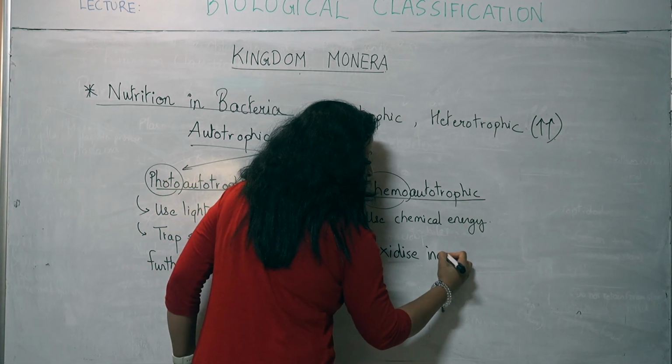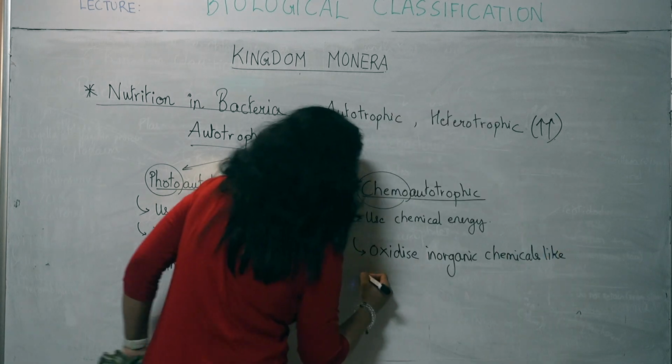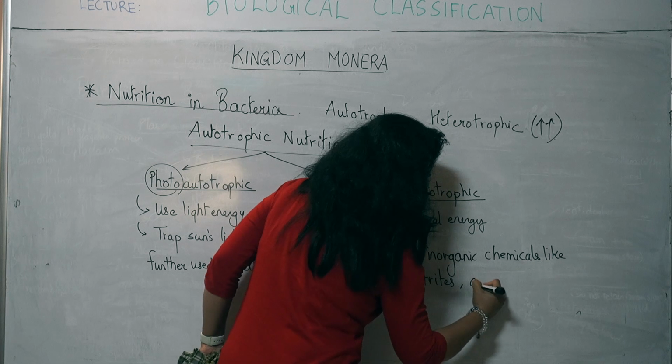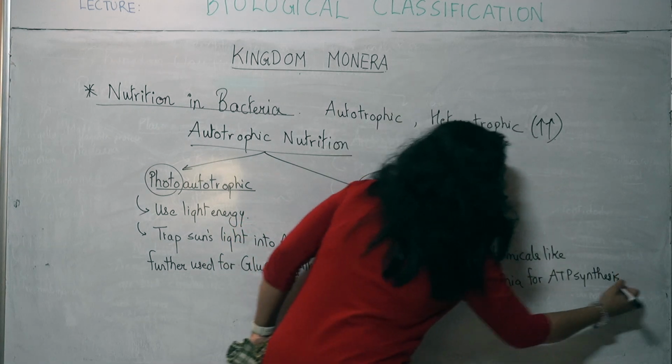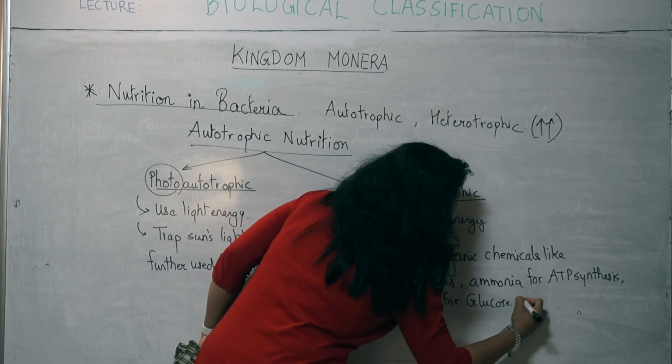They oxidize inorganic chemicals like nitrates, nitrites, ammonia for ATP synthesis, which is used for glucose synthesis.